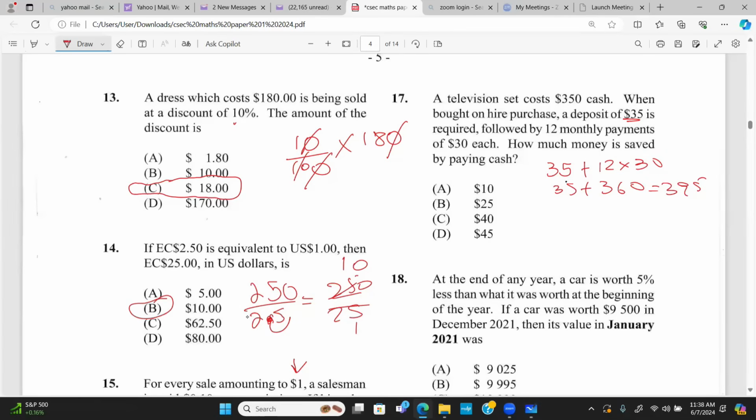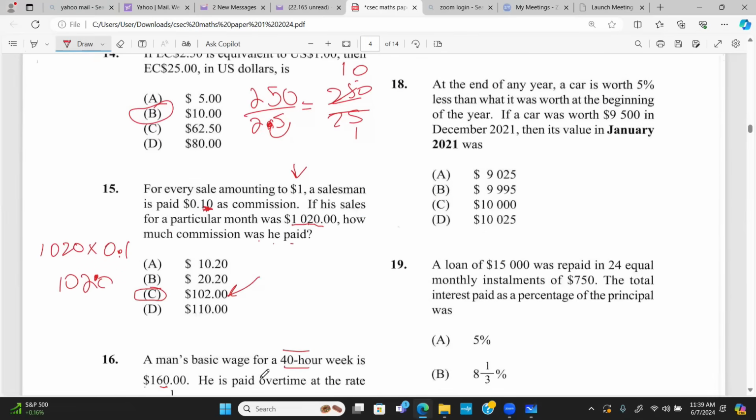Here's the question: how much money is saved by buying cash? Hire purchase overall is 360 plus 35, which gives us 395. But for cash, take away your 350 from it. $45 is what you would have saved if you had paid all the money at once.